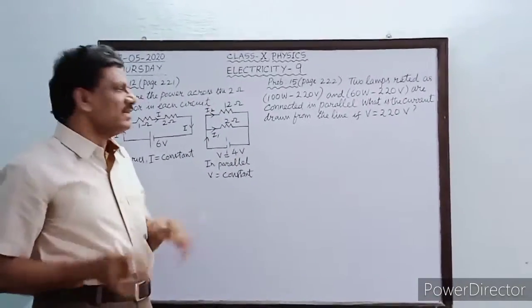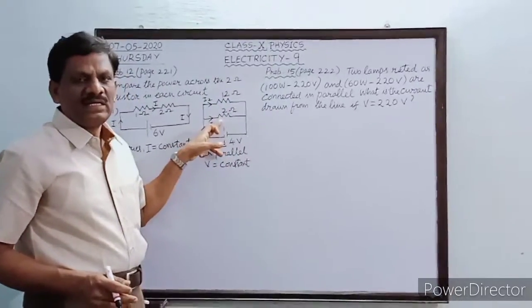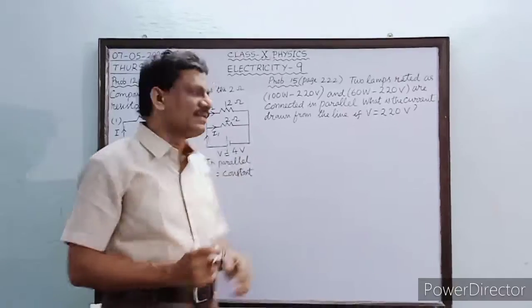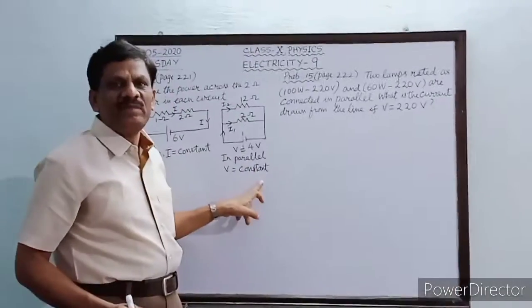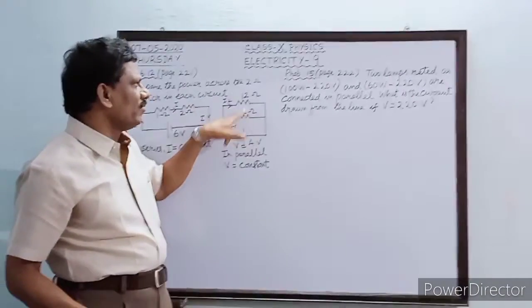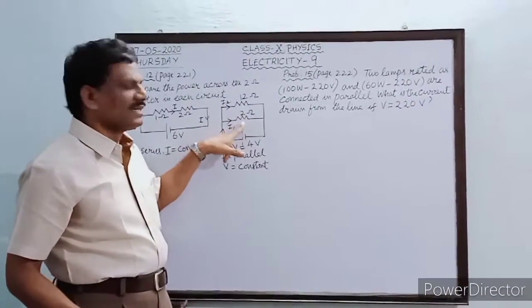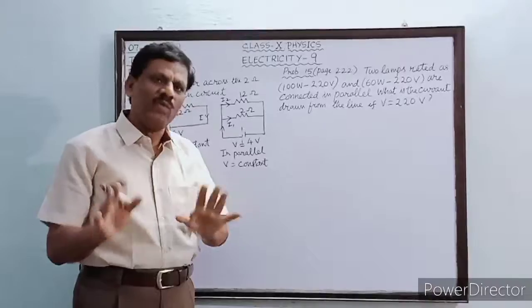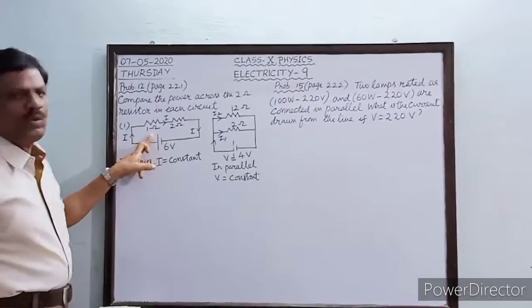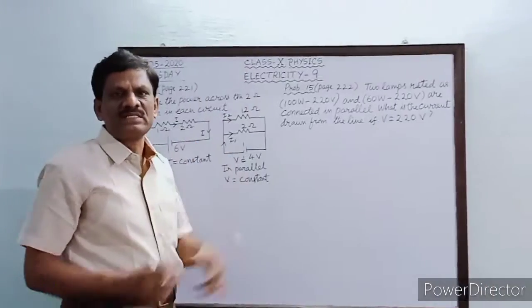Current will distribute across the two paths. But what will be constant? Yes, the potential difference, that is the voltage V, will be constant. So the potential difference across the first resistance, 12 ohm, and the second resistance, 2 ohm, both will be V volt only.